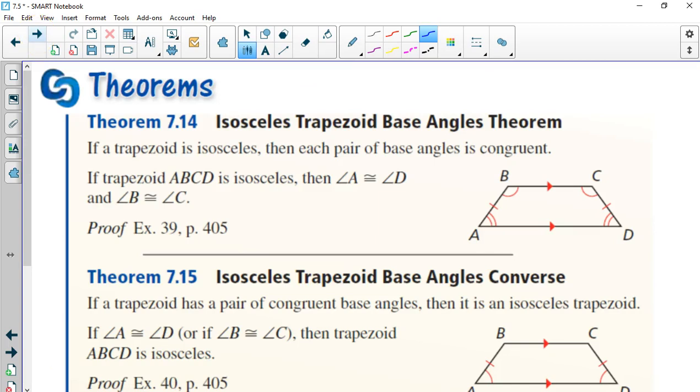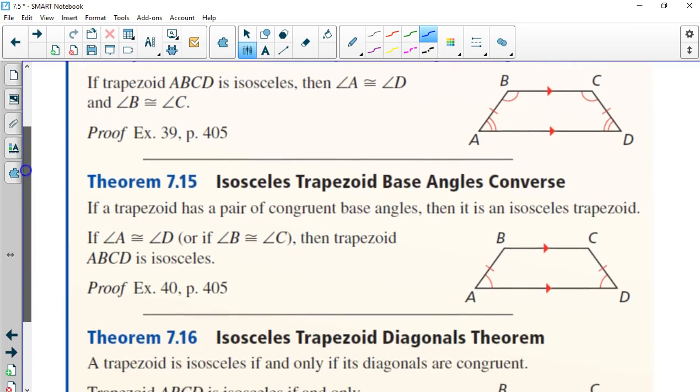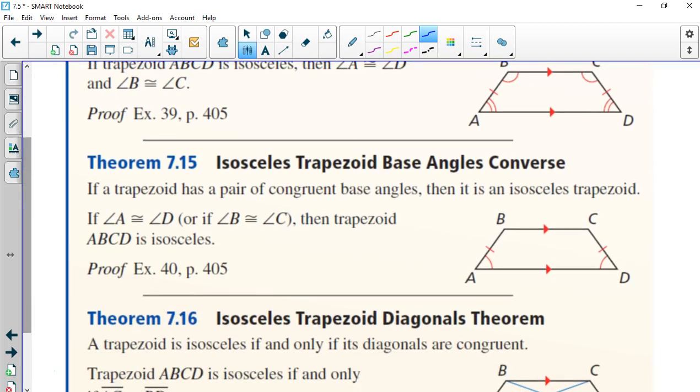Okay, some theorems. I will let you read this yourself, all the details. But basically, the idea is each pair of the angles on the base are congruent to each other. And then the converse is, if the base angles are equal, then the bases are parallel.